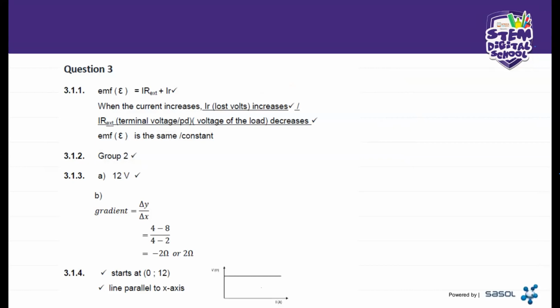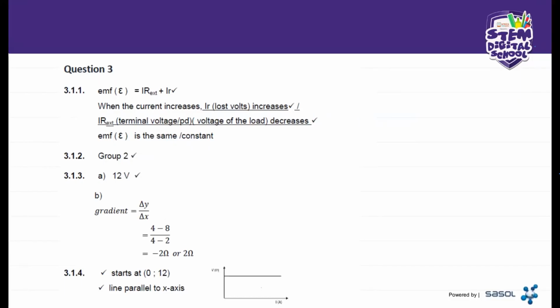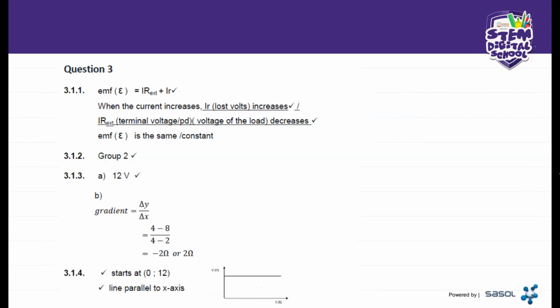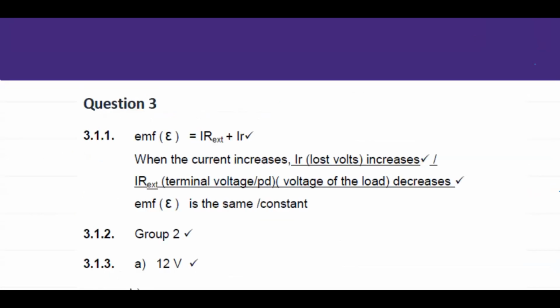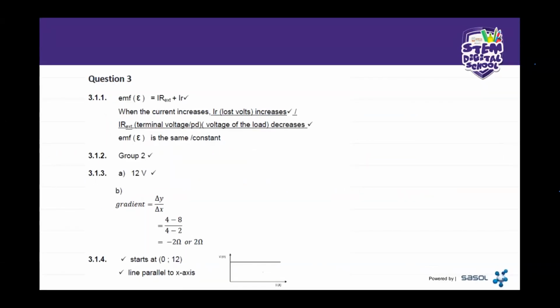So let's see. So here we have it there. It says 3.1.1. It says EMF is equal to external resistance plus internal resistance.